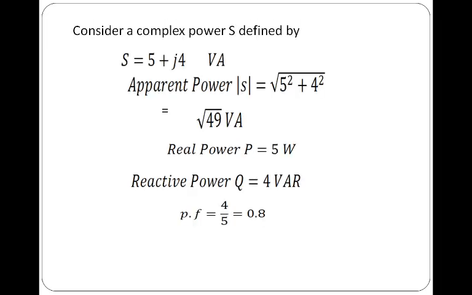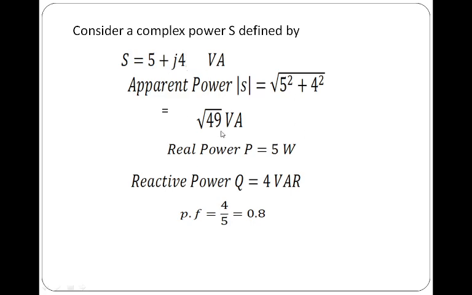So let's consider a simple example. Suppose we are given a complex power S as 5 plus j4. We have said that the real part of this is the real power, while the imaginary part is the reactive power. To know the apparent power, we will find the square root of the square of this plus the square of this, which is 5 squared, 25, plus 16.